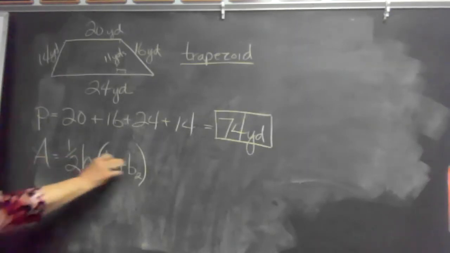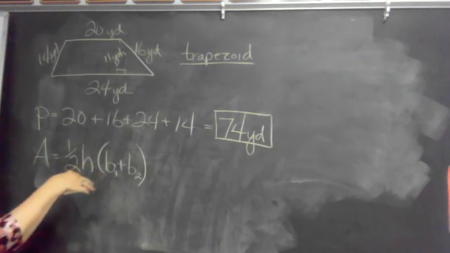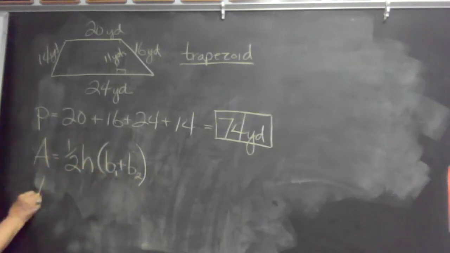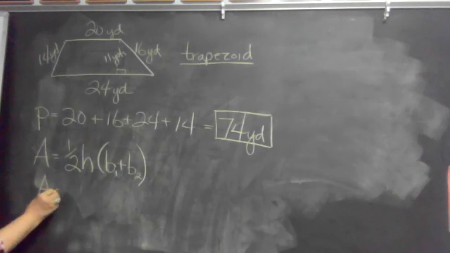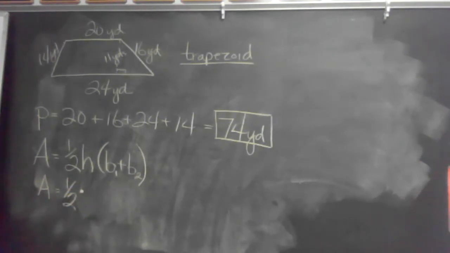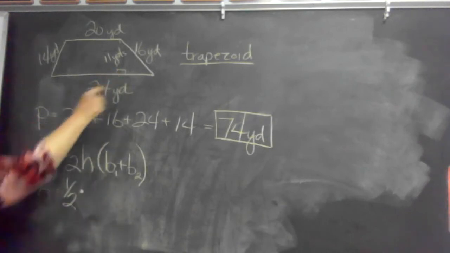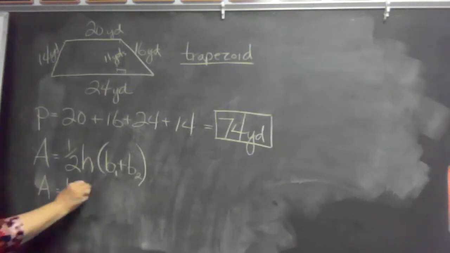You write the formula first. You also might see this written differently, but we're just going to use the one on your formula chart. Equals, we know the 1/2 because it's part of the problem. What do I put for H? H is the height. It's the one that has to be perpendicular to the base. 11? So 11 is correct.